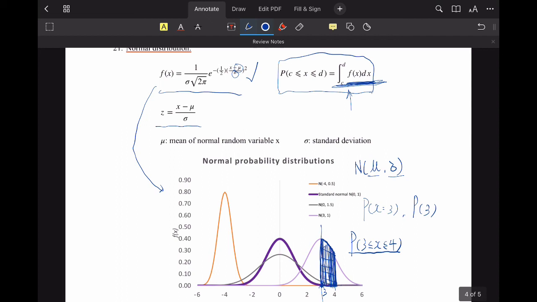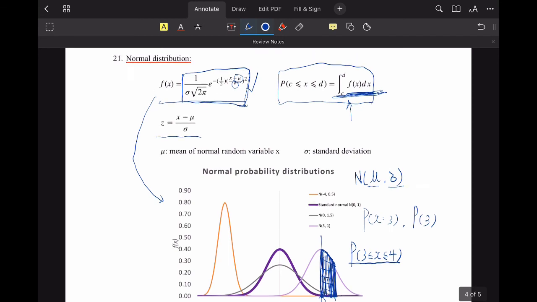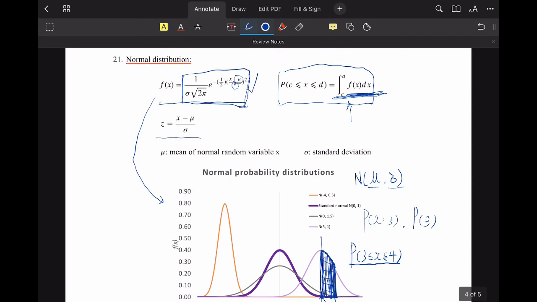And remember, you have to do integral on this equation, on this formula here. Can you imagine how difficult that is? To be honest, I don't know how to do integral with this equation, right? So for the sake of simplicity and for the sake of easy calculation of the probability, easy use of this normal distribution, because it's so normal, we have to use it so many times, so we want to make it simple.